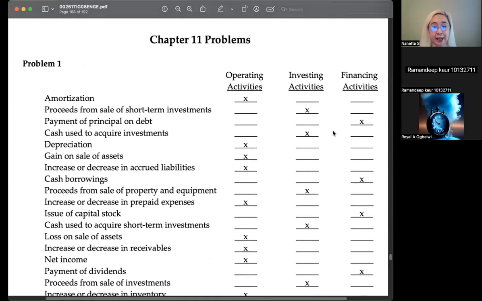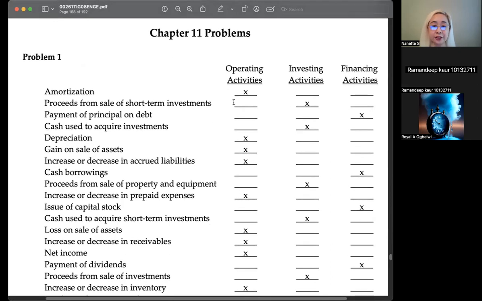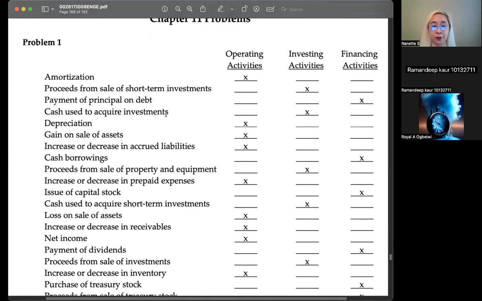So here is an example of a statement of cash flow. You have all these different entries, and then you're going to identify if they're going to be considered operating, investing, or financing activities. So for amortization, they are considered operating activities.